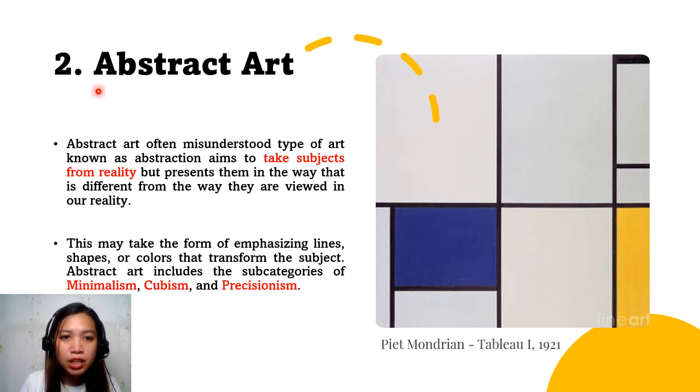Alright, so the next one is abstract art. So what is abstract art? I'm sure you're familiar with the term abstract. Abstract art, an often misunderstood type of art known as abstraction, aims to take subjects from reality but presents them in a way that is different from the way they are viewed in our reality.